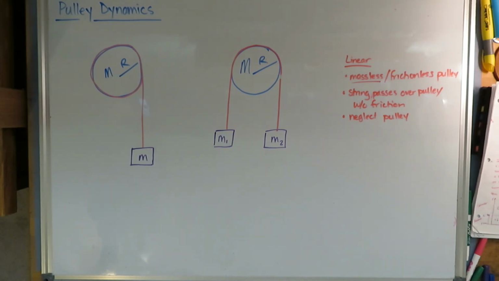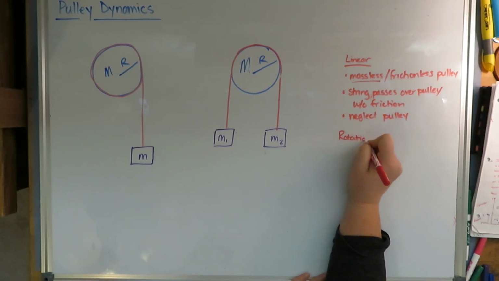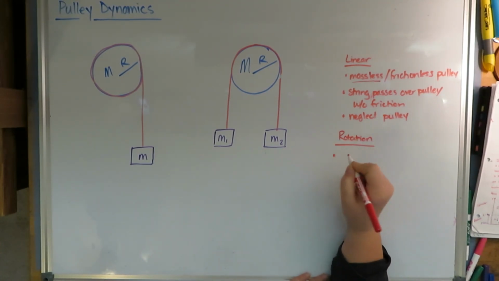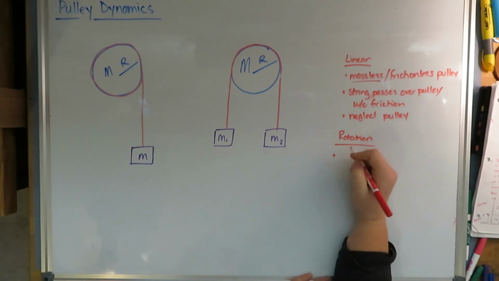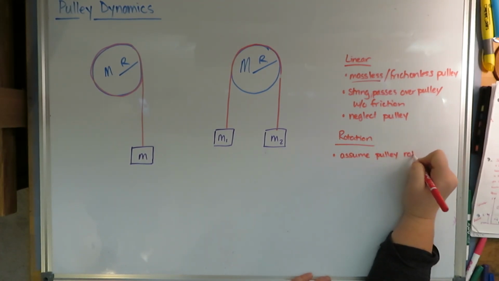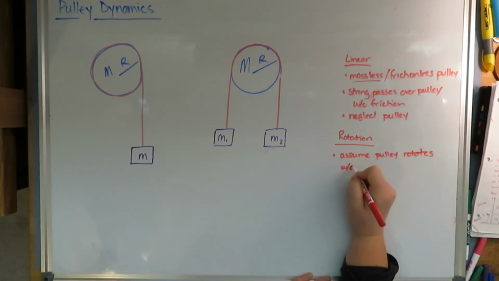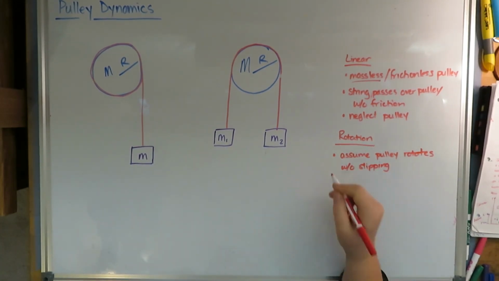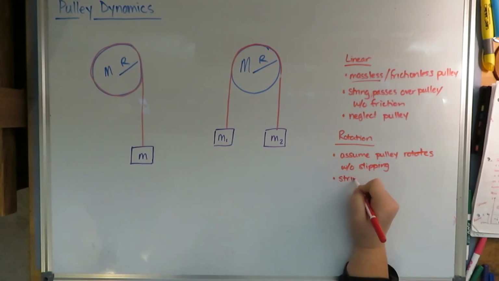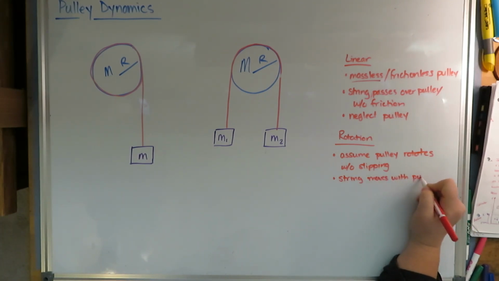So when we're looking at rotation, I want to examine the rotational aspects of a pulley. They are going to tell you words along the lines that you're going to assume that the pulley rotates without slipping, or the string moves with the pulley without slipping.